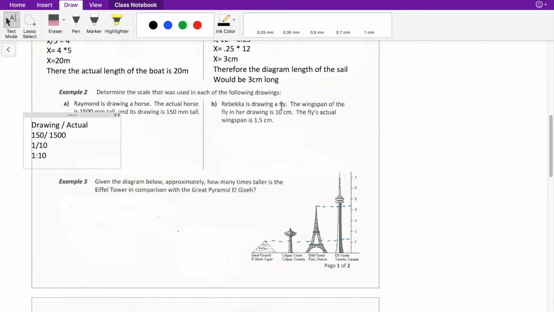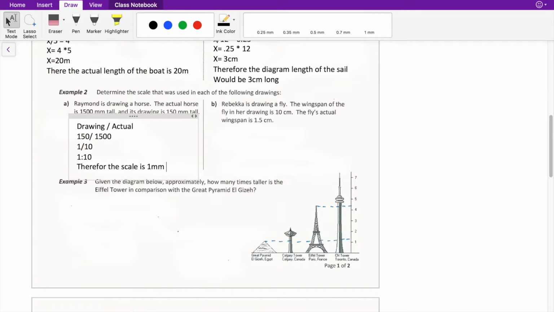So let's take a peek here. That's the first one. I'll move that over. And pause and kind of take it in. Oh, I forgot my statement. Therefore, the scale is 1 millimeter to 10 millimeters.